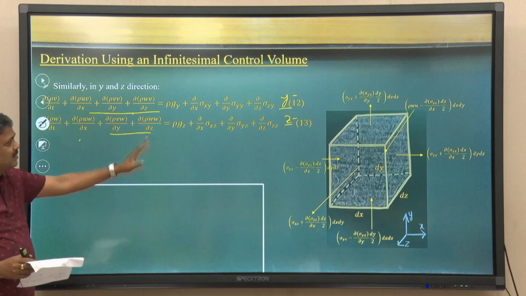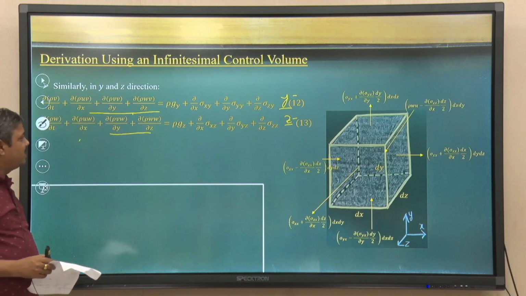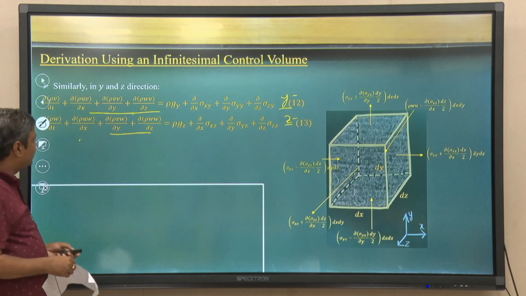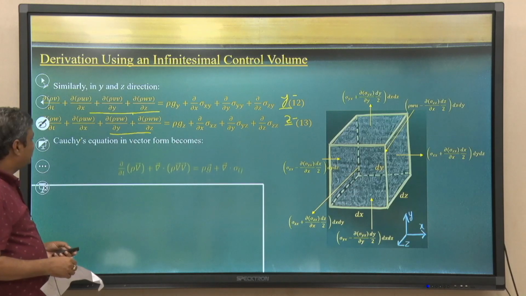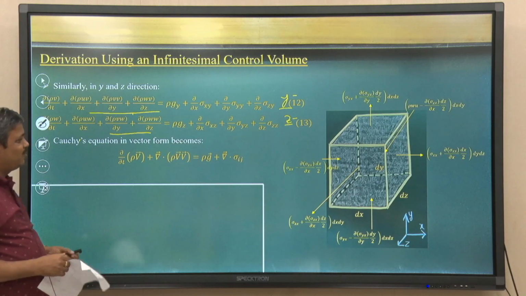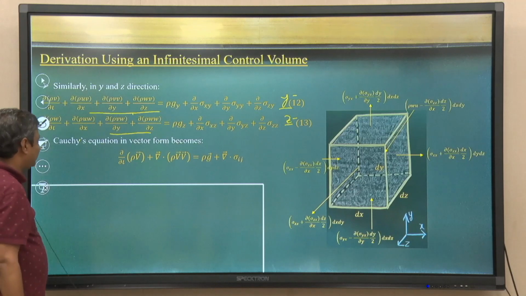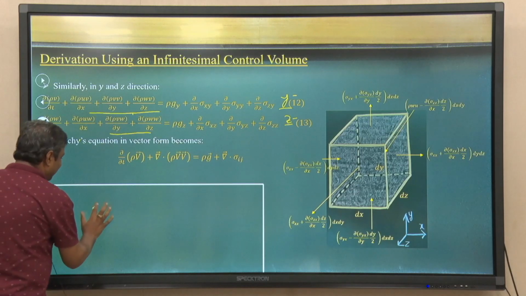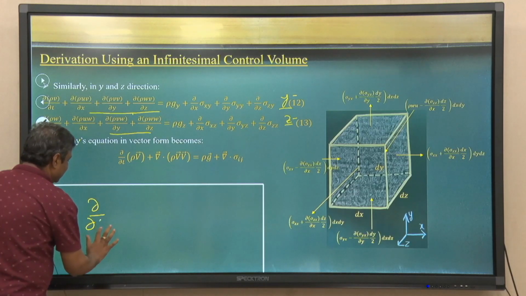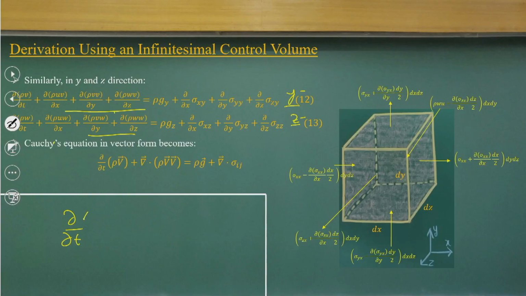That is the summation we are doing. Now, I look at a very basic vector form which can easily be interpreted, because it is easy to remember the vector form as compared to these three equations.